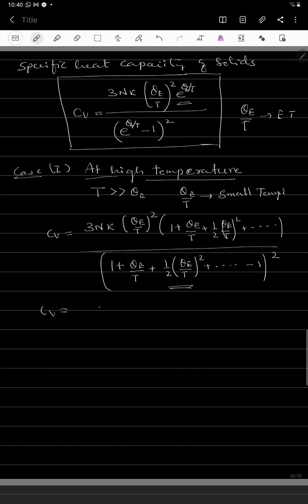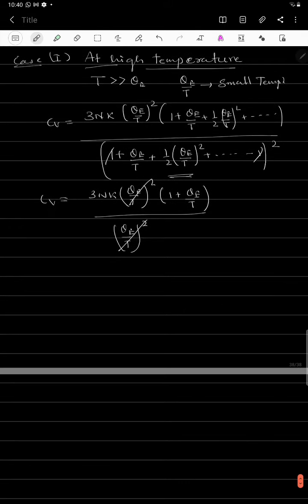So Cv equals 3nk (θE/T)², and in the numerator 1 + θE/T, divided by the denominator, where the 1 gets cancelled with the minus 1, and what remains is (θE/T) whole square. So these get cancelled, and now the expression of Cv becomes 3nk (1 + θE/T).